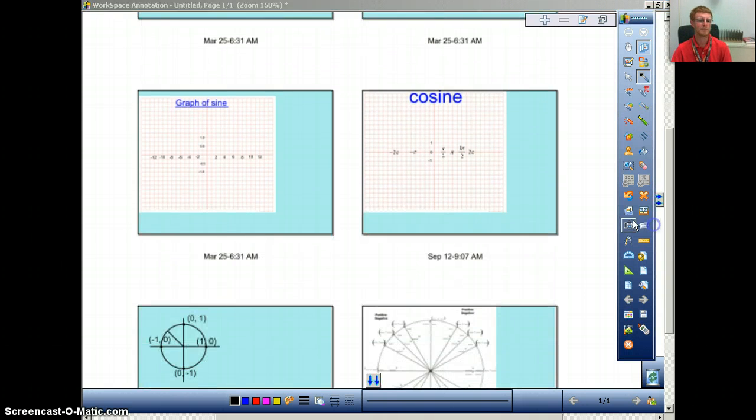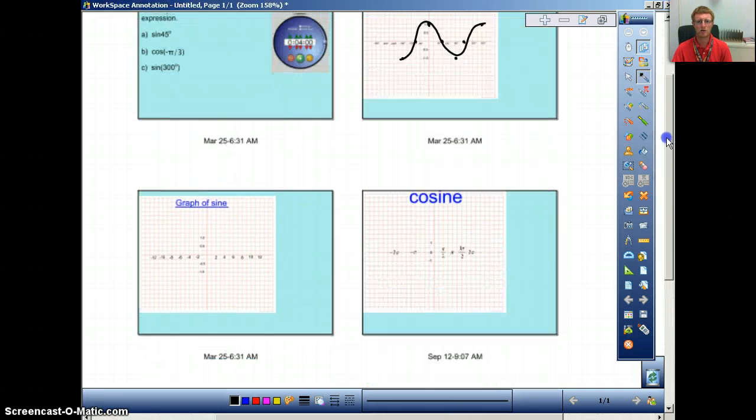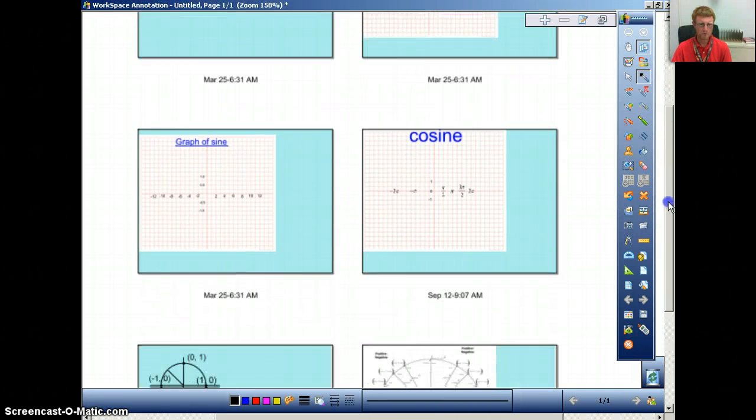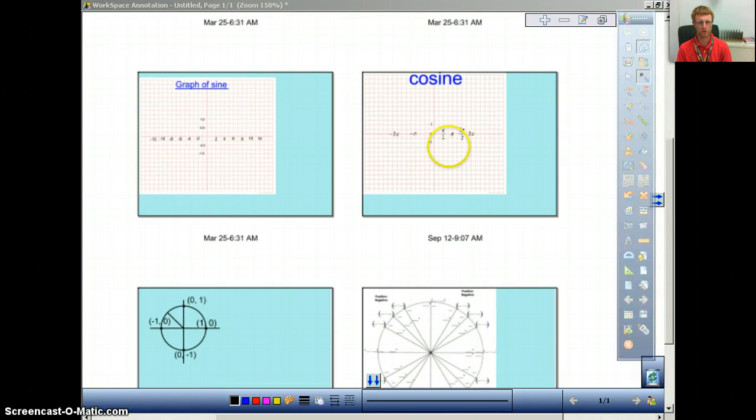All right, let's look at the cosine in radians. Let's do this one first because it's a little bit easier. We're starting at 1 because it's a cosine curve. We know that pi over 2 is going to be 0, pi is going to be -1, 3 pi over 2 is back to 0, and then 2 pi is back to 1.